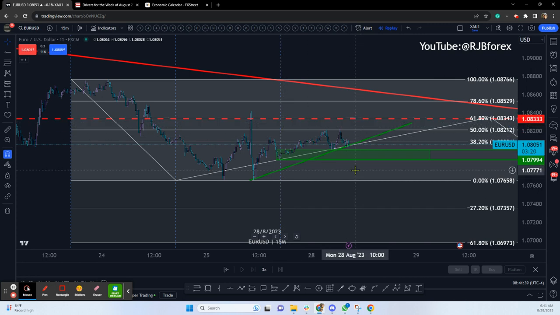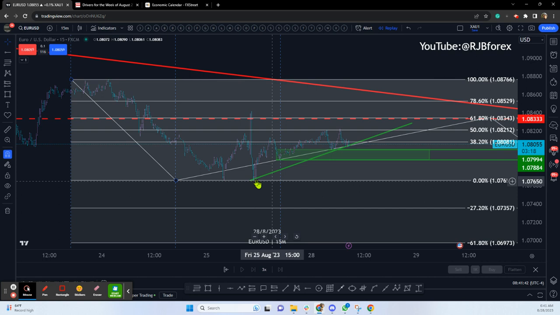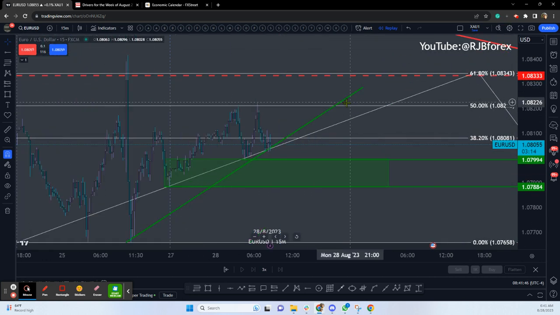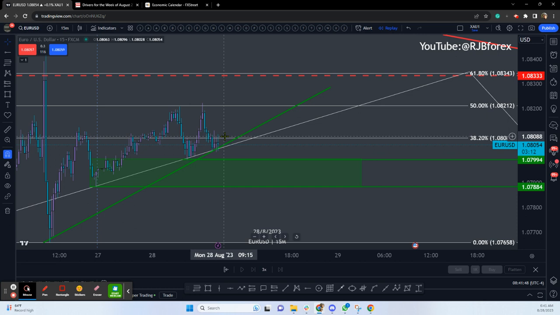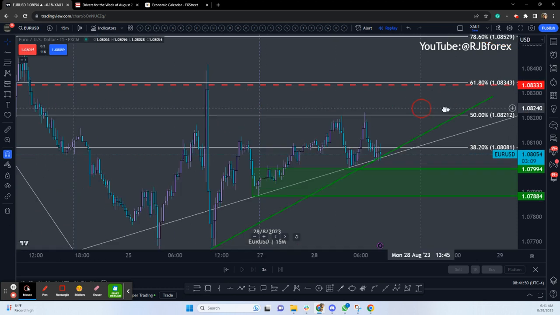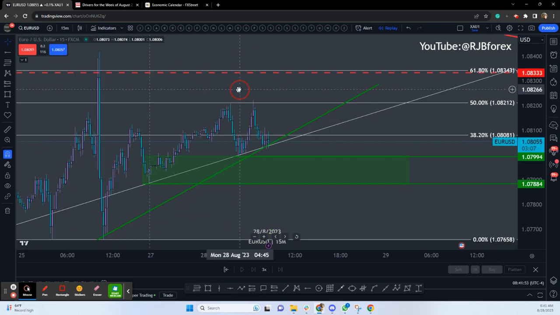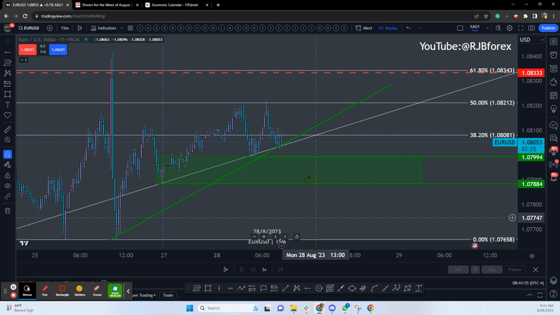Ideally, we want to be buying low to come up, but maybe it's just going to be a scalp to the upside. It's not ideal, is it?